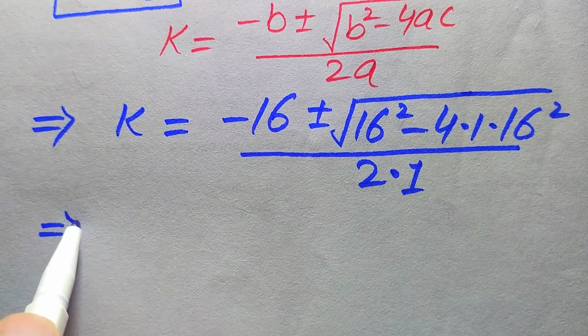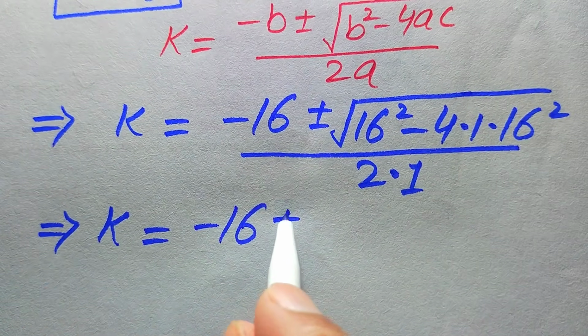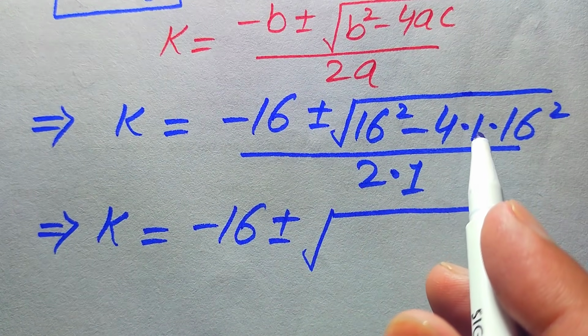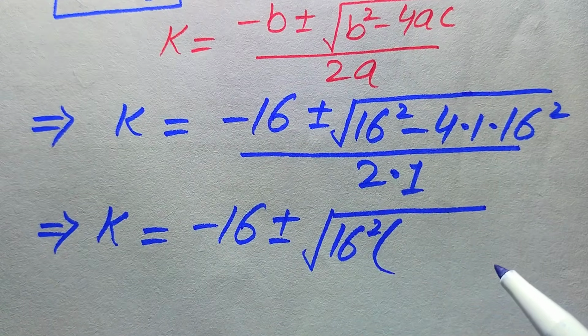And now in the next step we need more simplifications, and we get k equals minus 16 plus minus square root of, you see that inside the square root sign we have 16 squared as a common value.